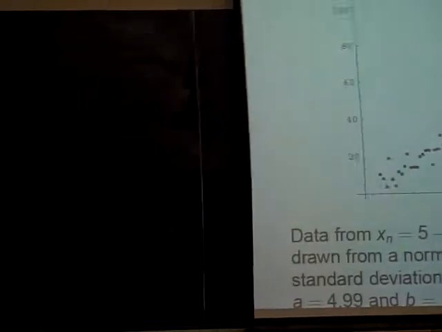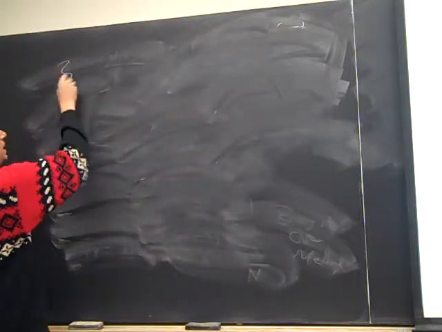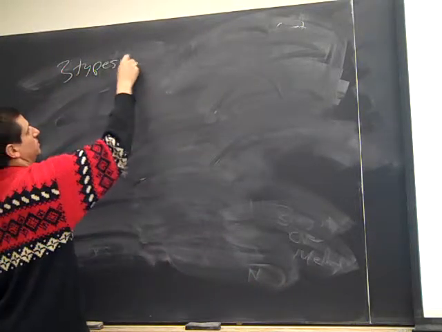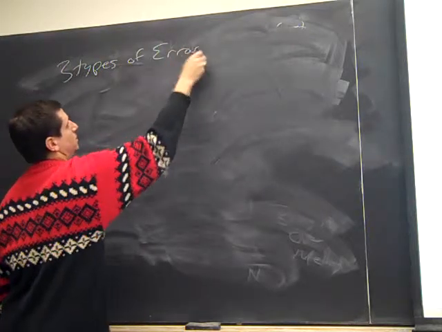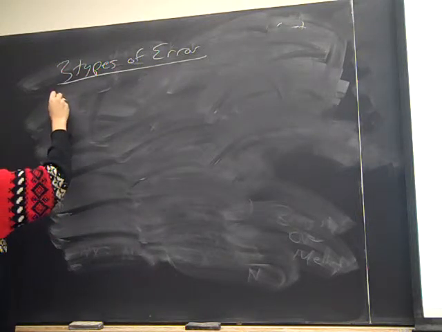So the question is, what is the method of least squares? How does it work? What kind of problems can it solve? It all comes down to methods of studying error. There are 3 types of error functions. The first, I'll call it E1. Here's the setup.